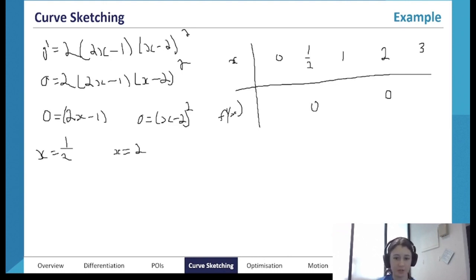Now I need to determine the value of the derivative at these other values, 0, 1, and 3. So, really quickly going to figure those out. Okay, so what these look like is that this one here is negative, this one here is positive, and this one here is positive.